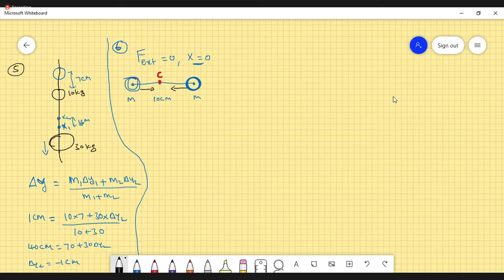Force on M1 due to M2 and force on M2 due to M1, both are the same. So after some time, because of the attraction force, these two will come together, near to each other. Now what about its center of mass?